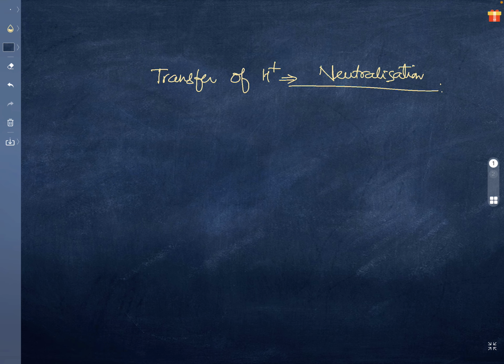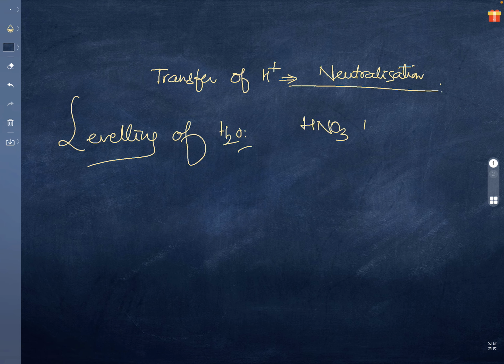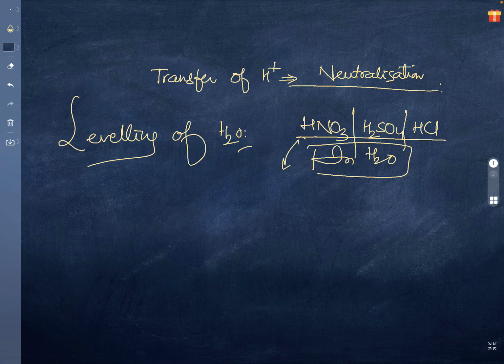One more line you can be asked here, that is the leveling effect of water. For example, if you are taking HNO3, H2SO4, HCl, all these acids in water, all their strengths are equal.